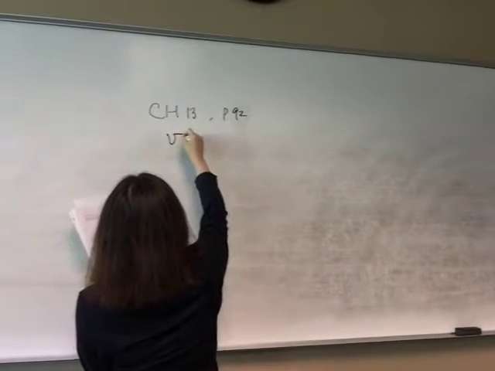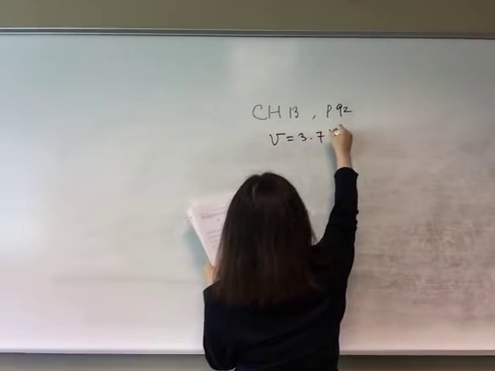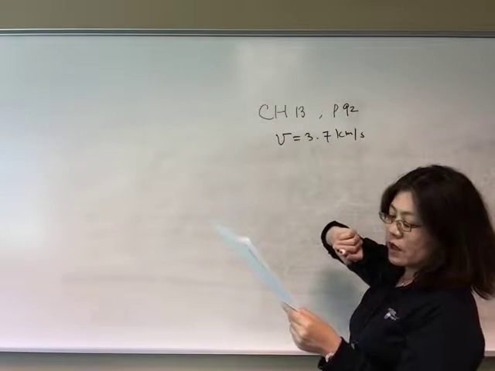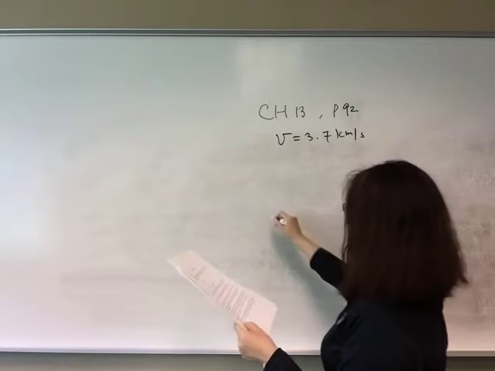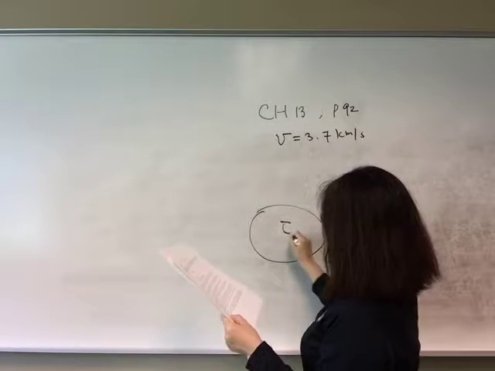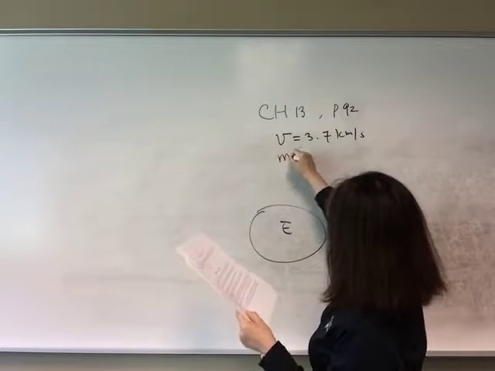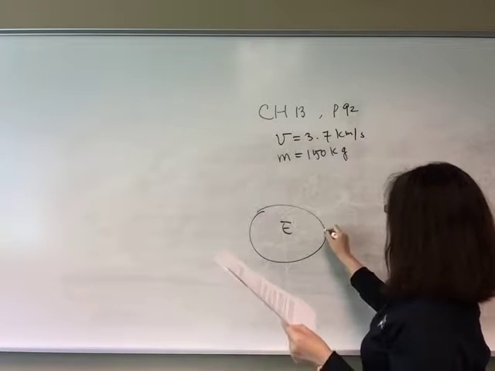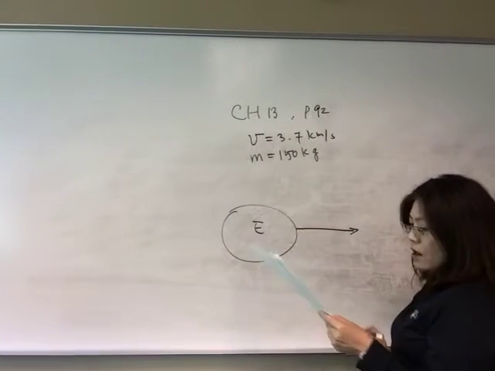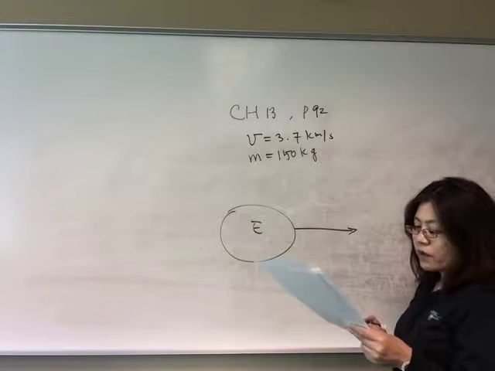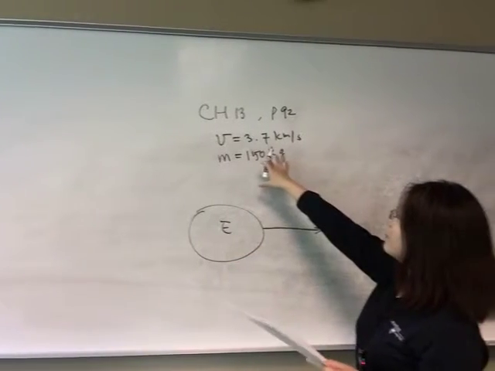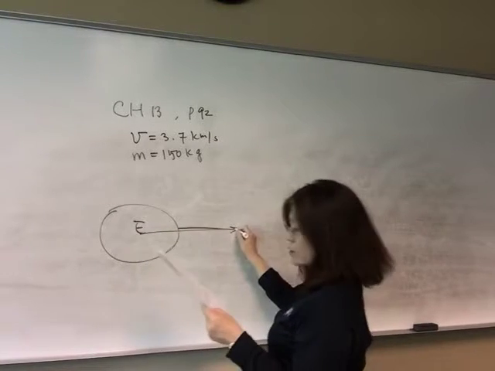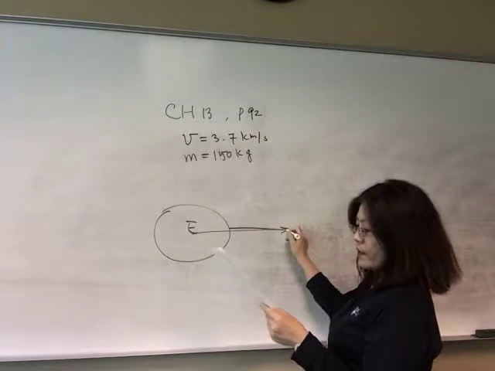So V is 3.7 kilometers per second when its engine shuts off 200 kilometers above the Earth's surface. So this is the Earth, and you have the rocket, and the rocket has a mass that's 150 kilograms, and is moving radially outward from the Earth. It has a speed of 3.7 kilometers per second when it is 200 kilometers above the Earth's surface.